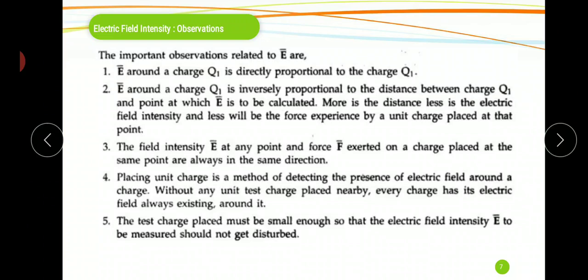So these are the important precautions or observations for electric field intensity that we have to follow for further solving problems in the cases of charge distributions, like line charge distribution, surface charge distribution, and volume charge distribution.